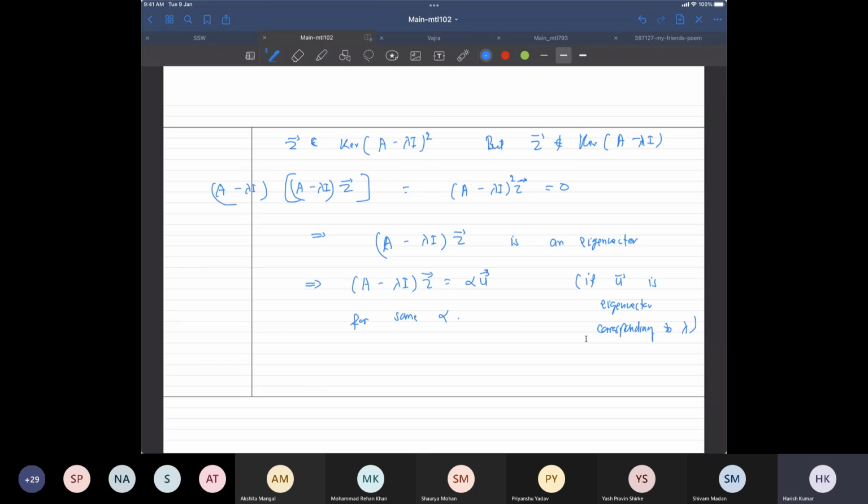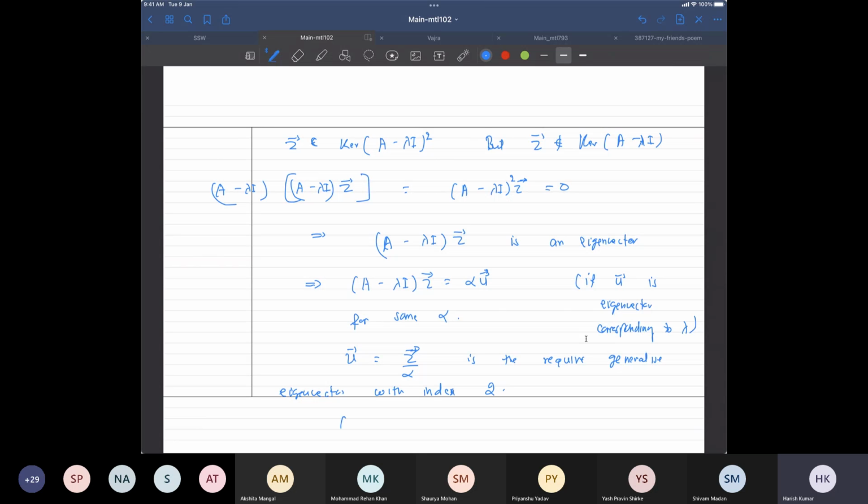Okay, so this means V, which you can take to be Z by alpha, is the required generalized eigenvector with index 2. Why?